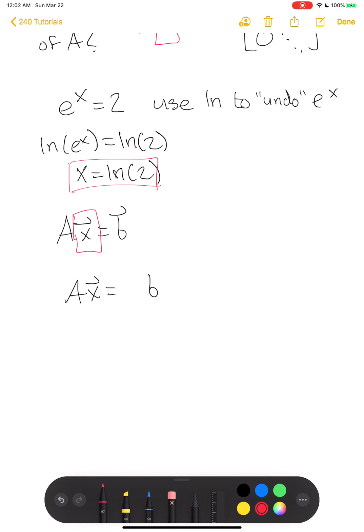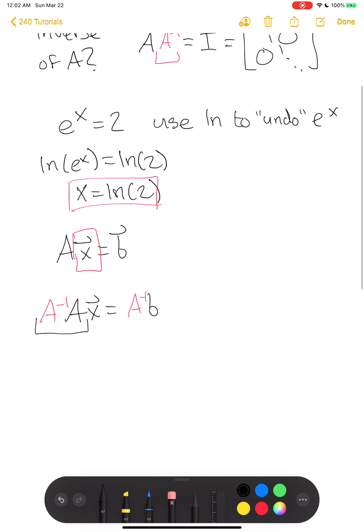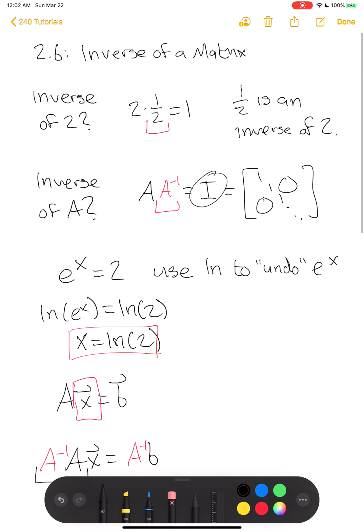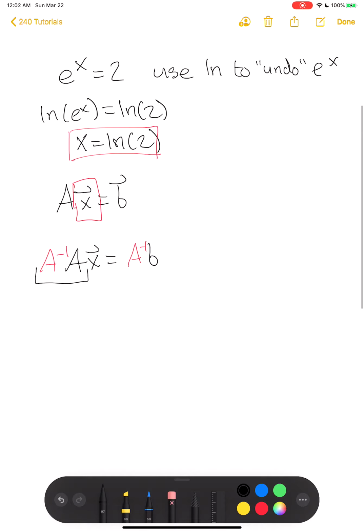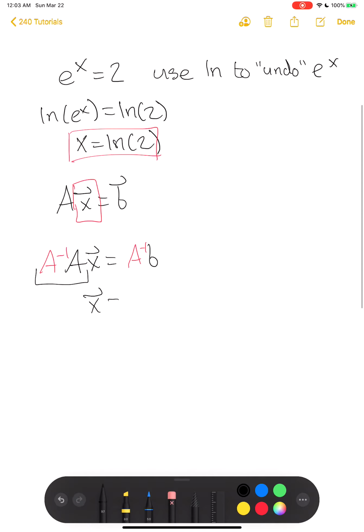If I multiply both sides of my equation by A inverse, aka apply the inverse to both sides, then you'll notice that A times A inverse we've defined to be the identity. So this left-hand side is just equal to 1 times x, or x, and my right-hand side is equal to this mysterious A inverse times b.